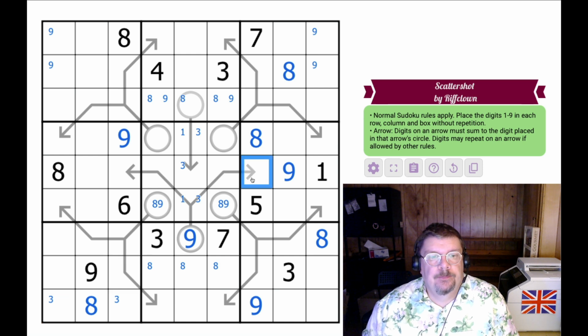All right. So 7 can't go onto this arrow. So 7 is either there with a 1 there, or it's there. Okay, if this is 7, then that's 1, and this must be 3.